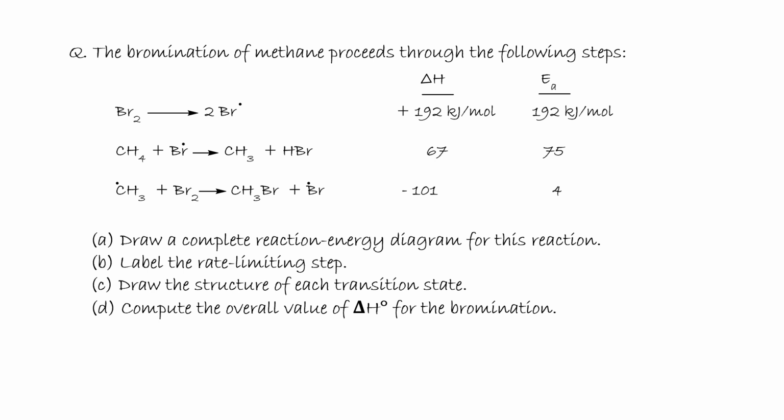The bromination of methane proceeds through the following steps. Br2 to 2 Br radical needs 192 kilojoules delta H to break this Br-Br bond, and the activation energy is 192 kilojoules.